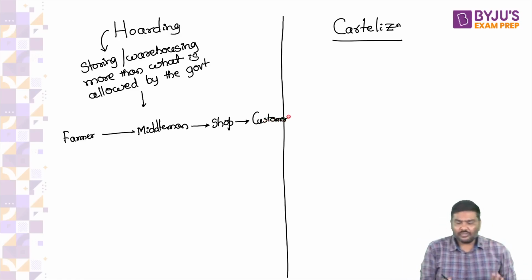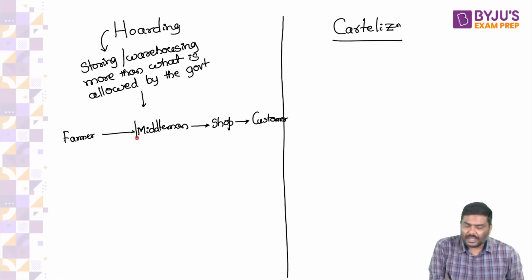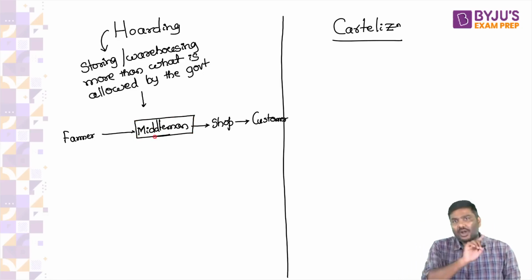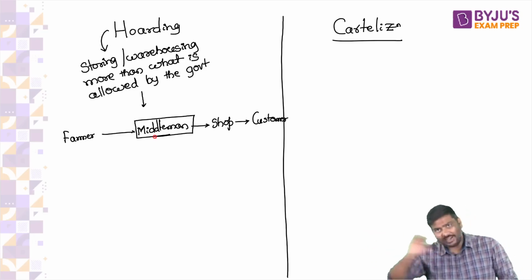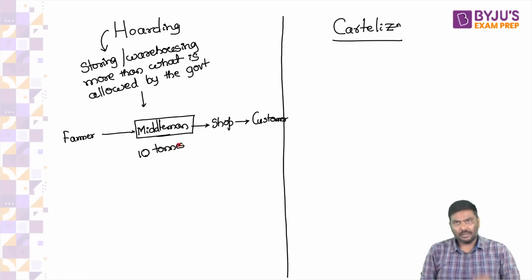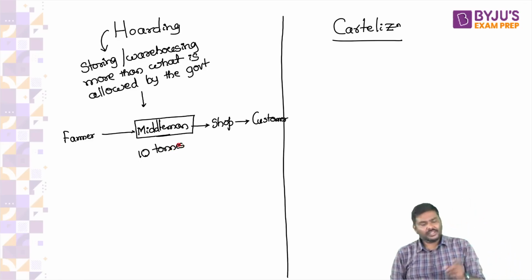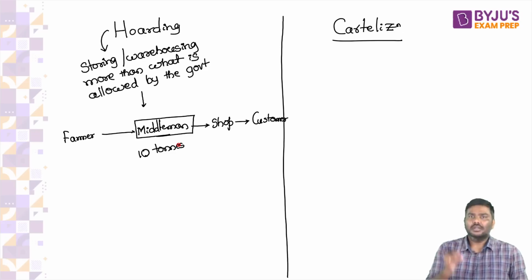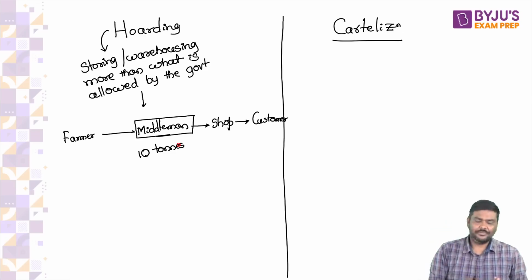Now, let's say the government of India says the middleman who is purchasing, the trader who is purchasing from the farmer in the market, is not allowed to store more than 10 tons of rice. The middleman or the trader is not allowed to store more than 10 tons of rice. Right? Let's take numbers so that you understand.